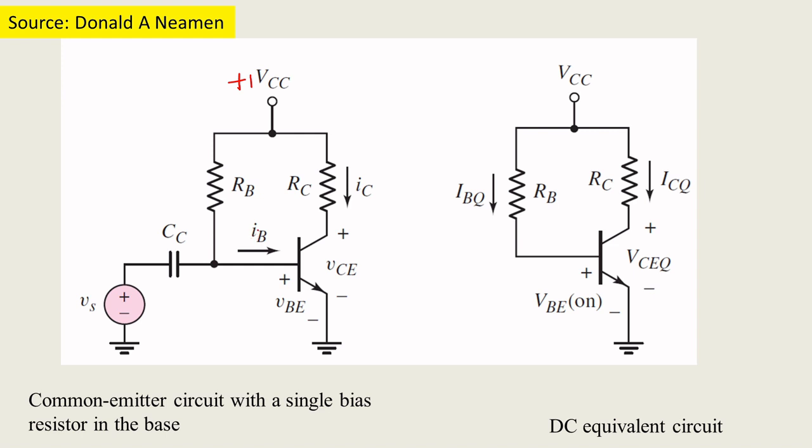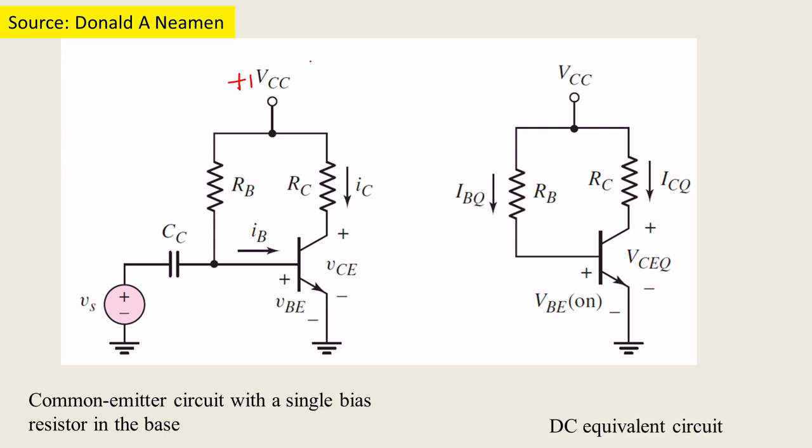So I will repeat again, RB is an important factor. With the value of RB only, the IB current is produced. So with respect to this, the drop across the base emitter, that is the base emitter voltage, also will change. With respect to this only, the IC collector current also changes. So this is a simple way how the circuit is working.